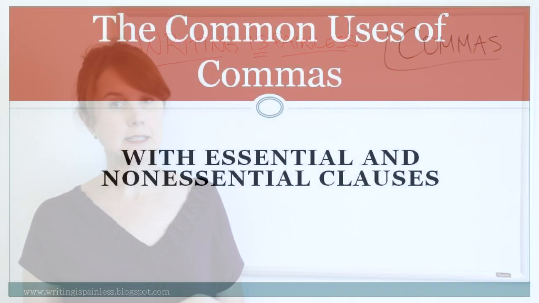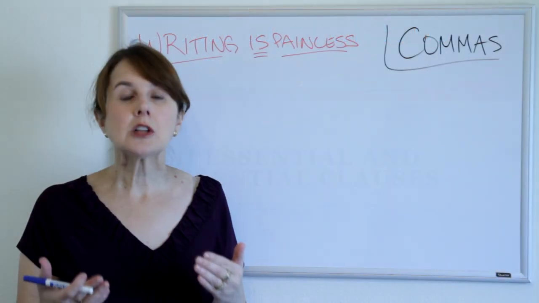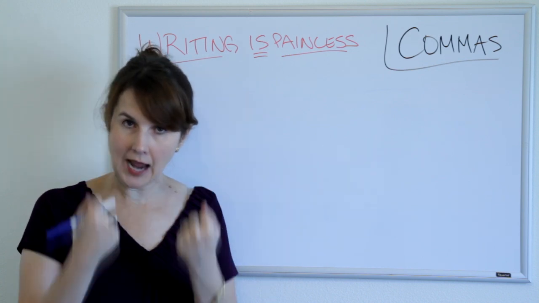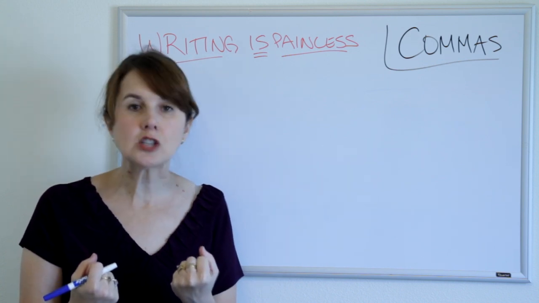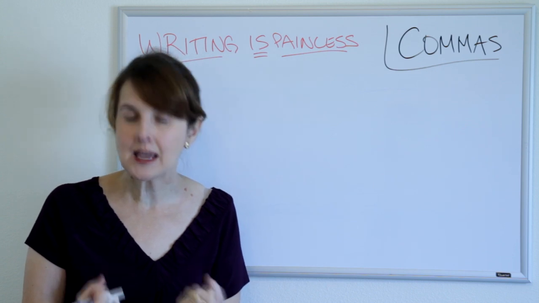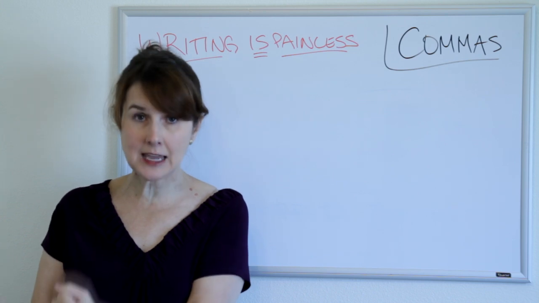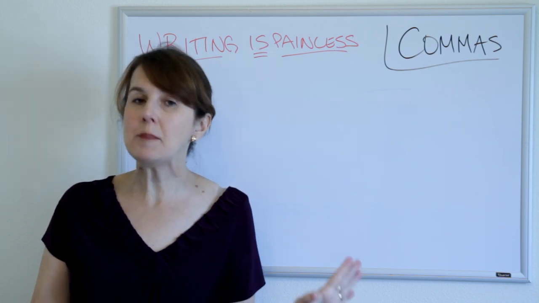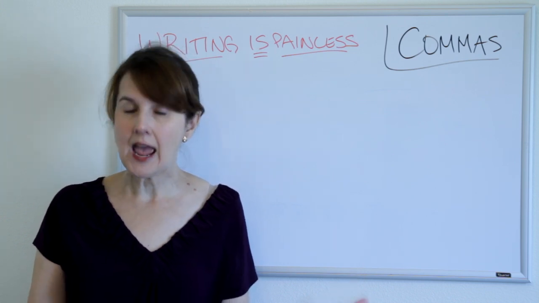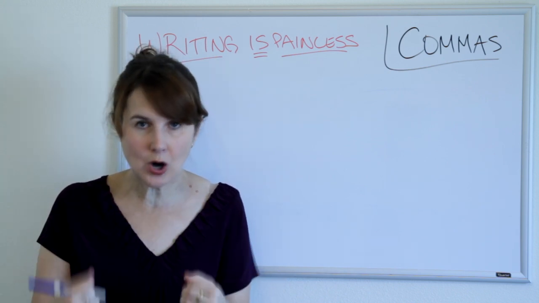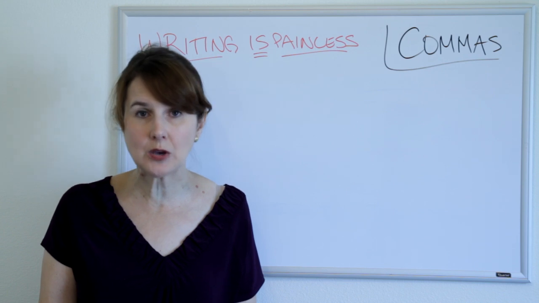What I want to talk about is the difference between essential and non-essential elements. Non-essential elements are phrases or clauses that, if I took them out of my sentence, would not change the essential meaning of the sentence. An essential element is something I would have to keep there, or the entire meaning of my sentence is changed. As writers, the only thing we have to communicate is our words, and how we use them.